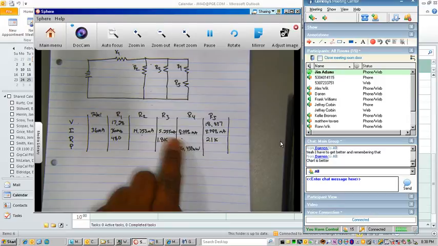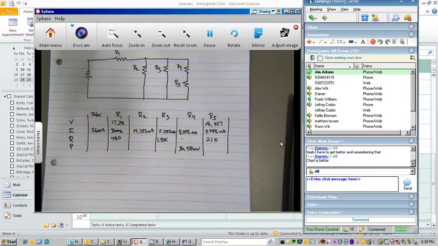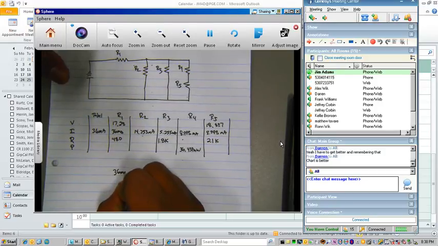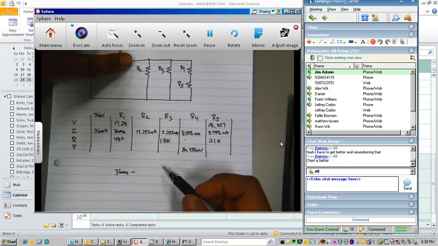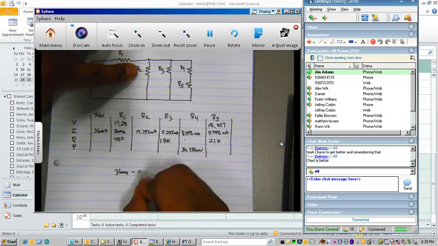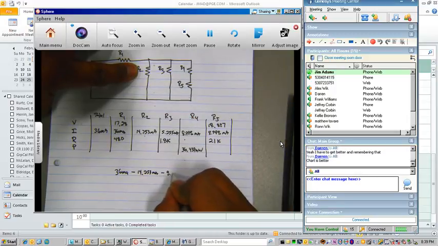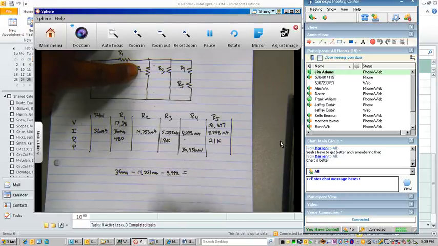It'll basically be 36. 5.255. What'd you get? 5.255 milliamps. Let me calculate that. 8.998 minus. I got 12.749.